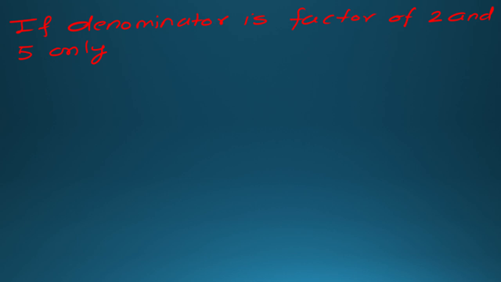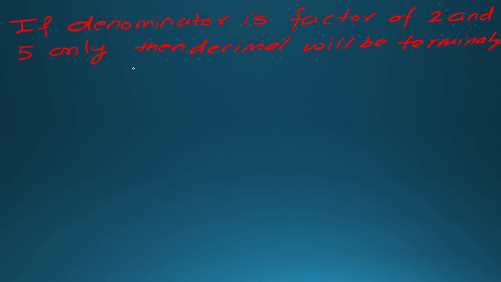Like 2 can be 3 times, 5 can be 5 times, it's okay, but the factors must be only 2 and 5. Then that decimal will be terminating.